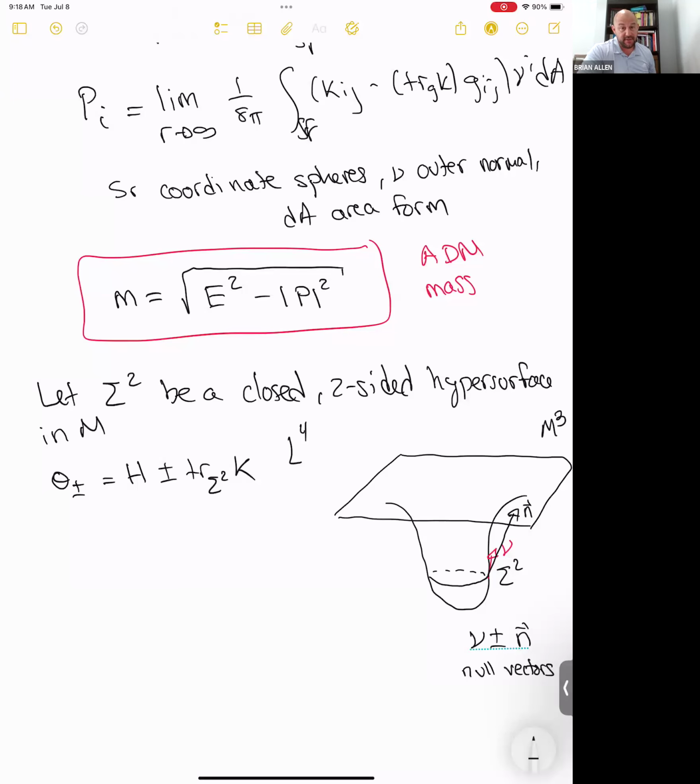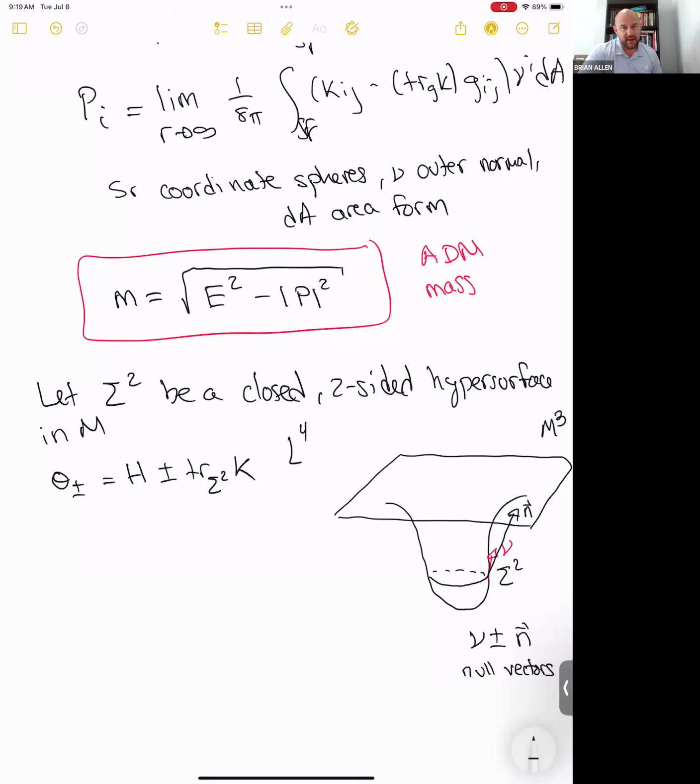So physically speaking, at every point along sigma 2, we shoot off a light ray. That means that light ray has to be moving in the null direction. If we shoot off these light rays from sigma 2 and then track the area of that shell of light, then theta plus or minus is telling us whether the area of that shell of light is increasing or decreasing.